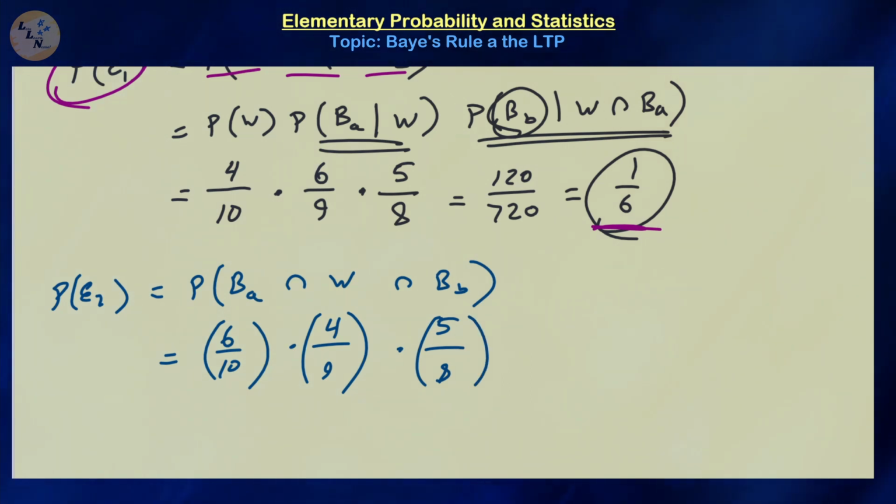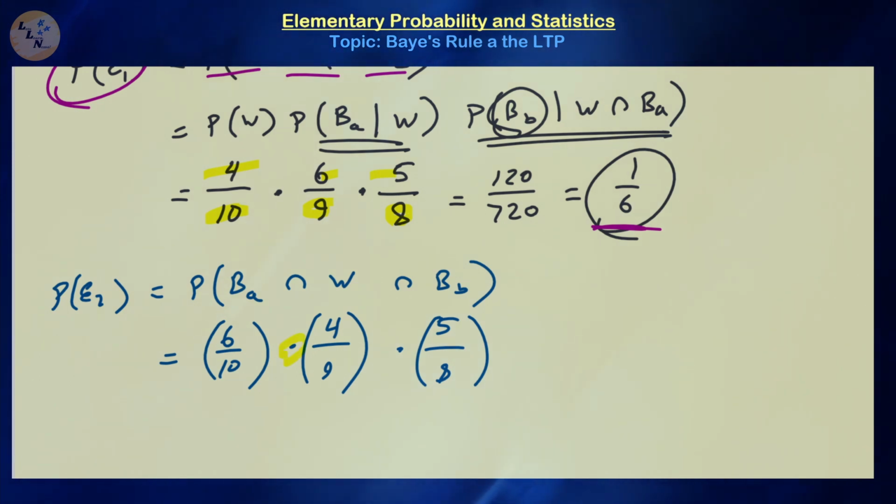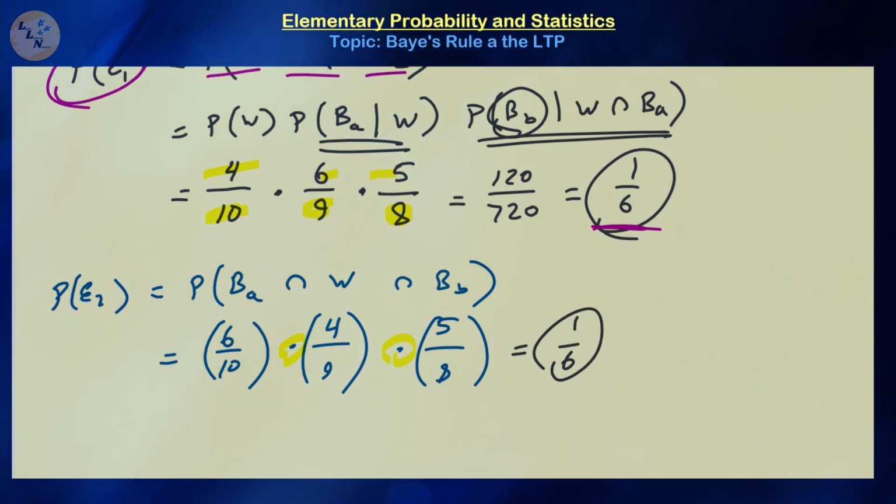Again, notice that it gives us the same exact product as the other one, because our bottoms are the same and our numerators are the same, just rearranged. And since this is multiplication, it shouldn't matter, right? So that should be equal to 1/6 again, right?